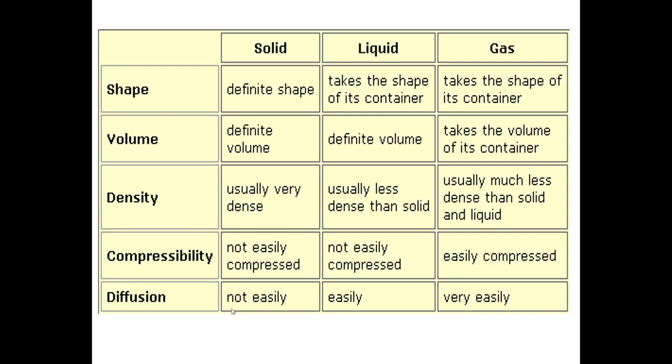It's not going to have diffused into that. Diffusing means to slowly move into something. We'll be talking about that at the end of this PowerPoint. Whereas with a liquid, you put a drop of food coloring in a cup of water, and you can see how it diffuses quite rapidly to turn that whole cup to whatever color you dropped in there.